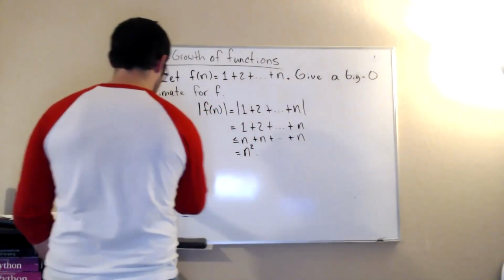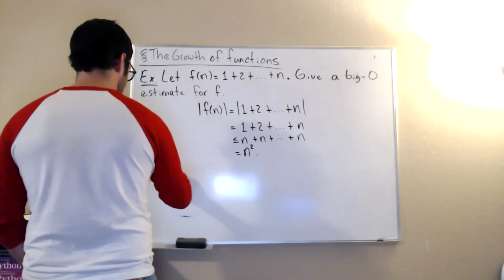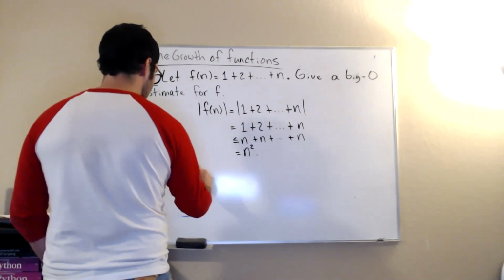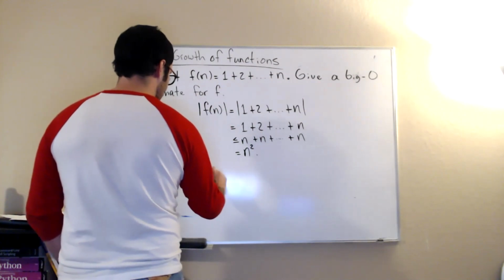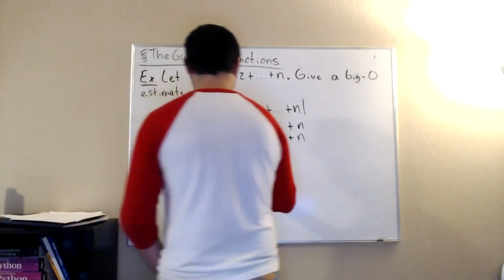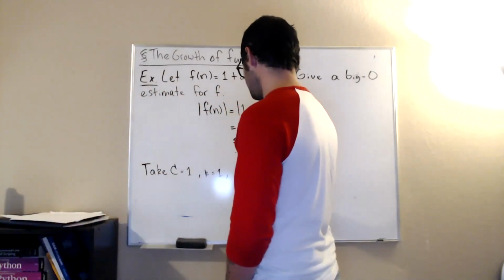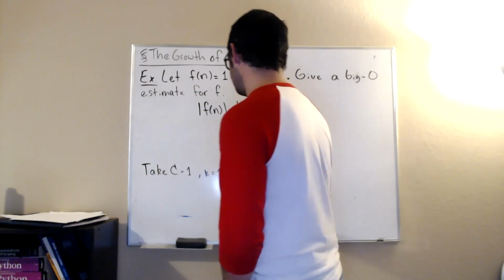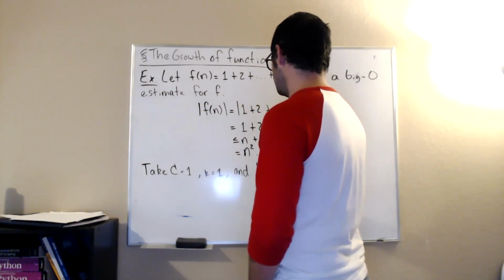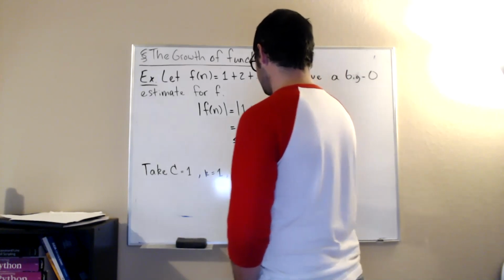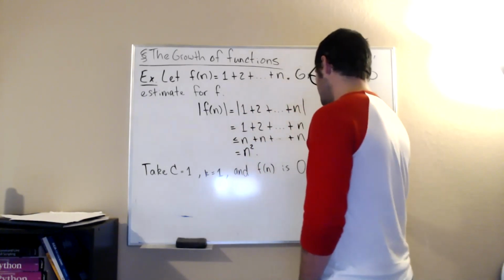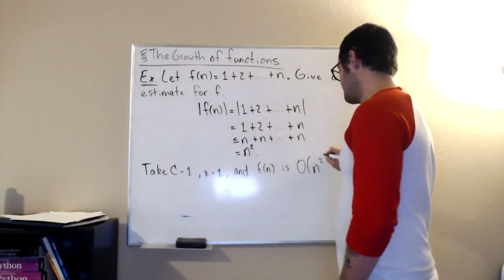So here we can take c equal to 1 and k equal to 1, and with these witnesses we see that this function f is big O of n squared.